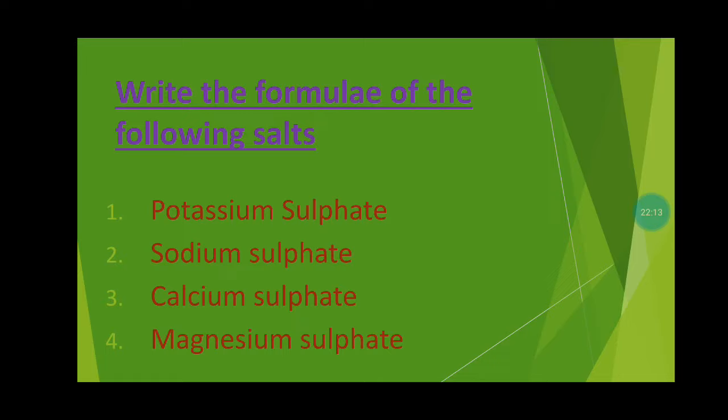Last example, magnesium sulfate. What acid is involved in this reaction? What is the base involved in this reaction? Next, very simple salt, copper sulfate. Which acid is involved and which base is involved in this reaction? Next, sodium chloride, sodium nitrate, sodium carbonate, ammonium chloride.